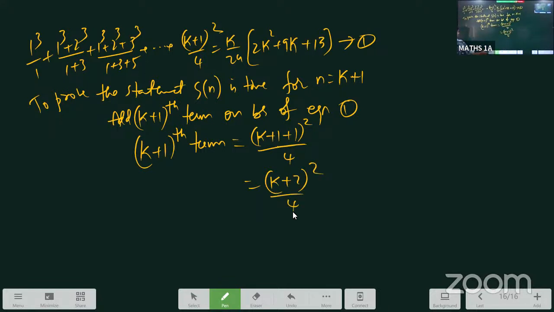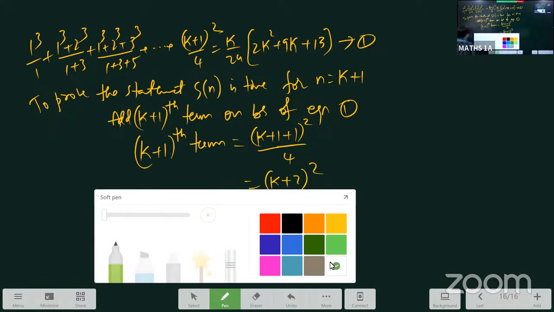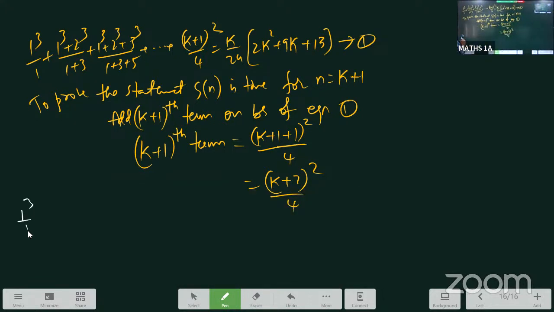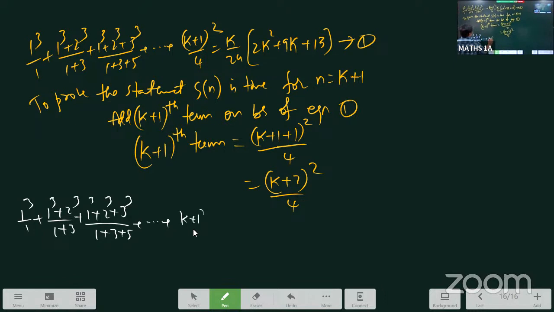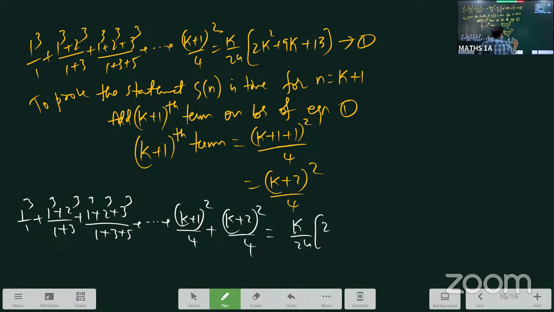That is, 1 cube by 1, plus 2 cube by 1 plus 3, plus 3 cube by 1 plus 3 plus 5, and so on, plus k plus 1 whole square by 4, plus k plus 2 whole square by 4, equals k by 24 into 2k square plus 9k plus 13, plus k plus 2 whole square by 4.